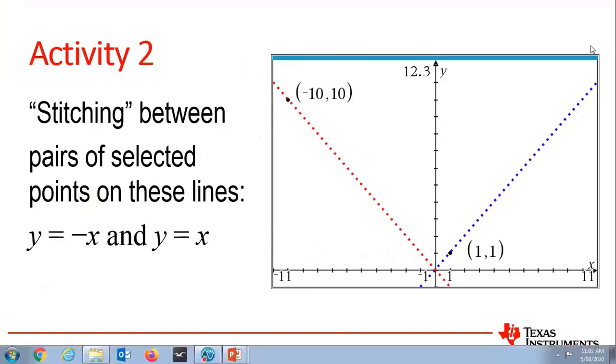And it's really important, I think, for you also to be remembering that the selected points were actually given to you to guide you. Here's negative 10, 10 on y equals negative x. Here's point 1, 1 on y equals positive x. And those 2 points were joined, and a whole series of points were then created in that way. Now that was activity 2.